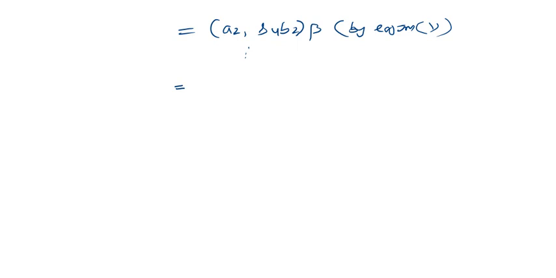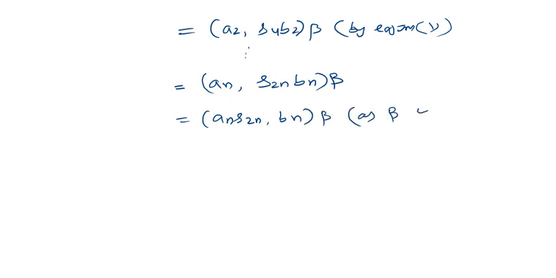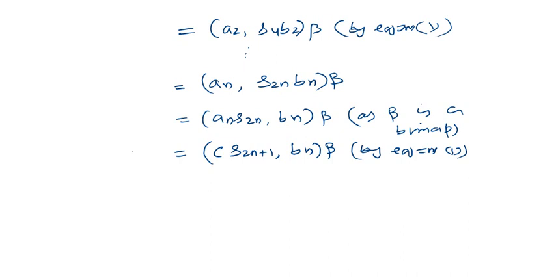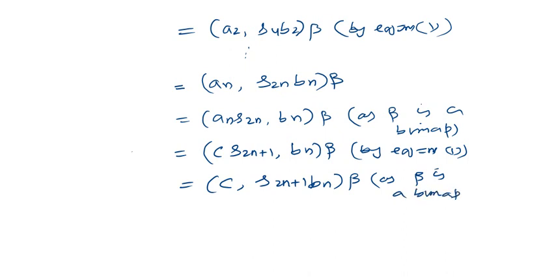Now I come directly to the last equation. It's An S2n Bn of beta. This is equal to An S2n Bn of beta, as beta is a bimap, and this is equal to An S2n, which is equal to C times S2n+1 Bn beta by equation 1, and this is equal to C S2n+1 Bn of beta, as beta is a bimap, and that's equal to C, this S2n Bn is D of beta.